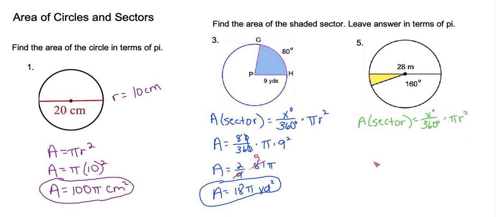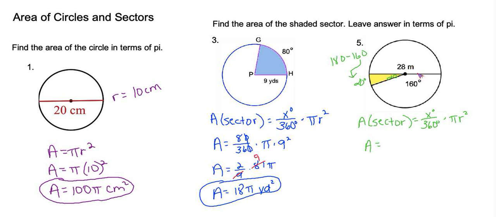So for this one, we've got to find that degree measure. Notice this is going to be 20 degrees because these two form a linear pair. Altogether, this is a semicircle. So that's 180 minus 160. That's how I got that 20 right there.